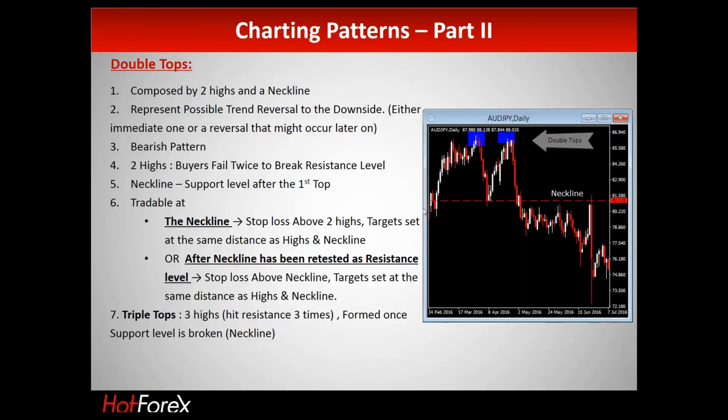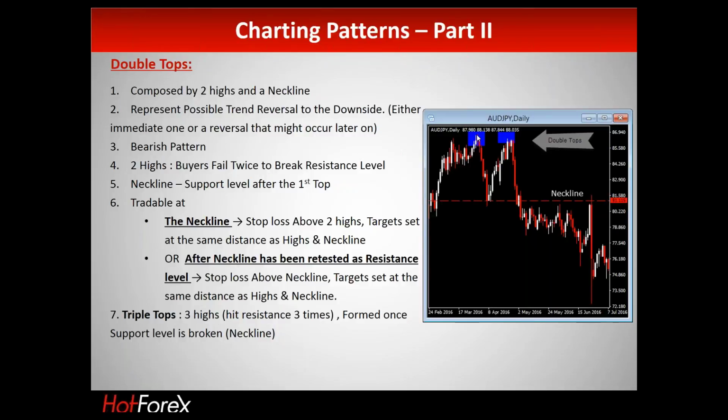We're in an uptrend, and as you can see from my example, the daily Aussie yen in this example, or in general your asset, has reached the resistance level twice. It didn't manage to break above that, so it was hit down again, giving a support level. The support level is given after the first top.